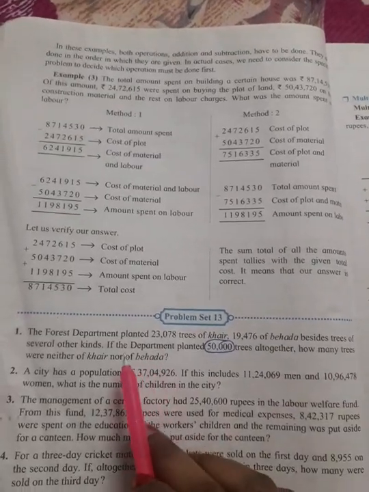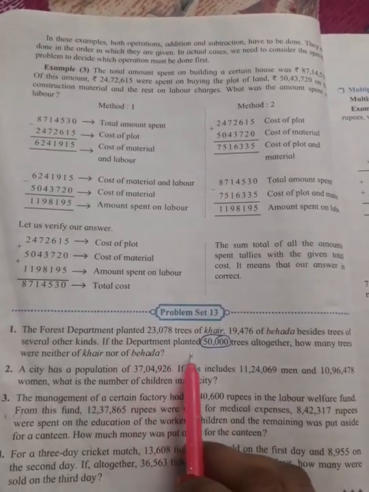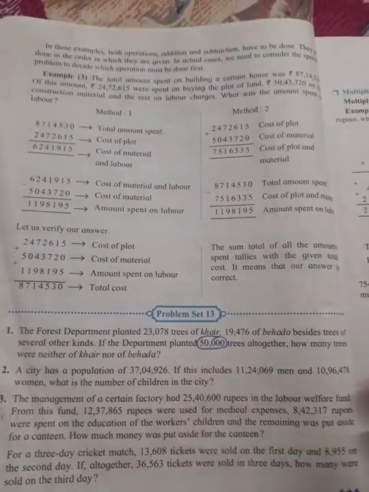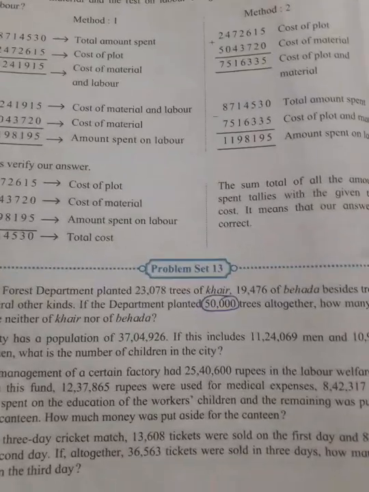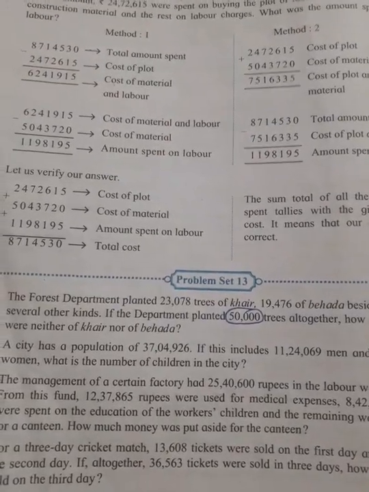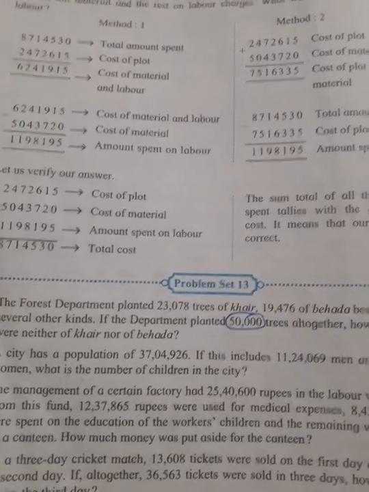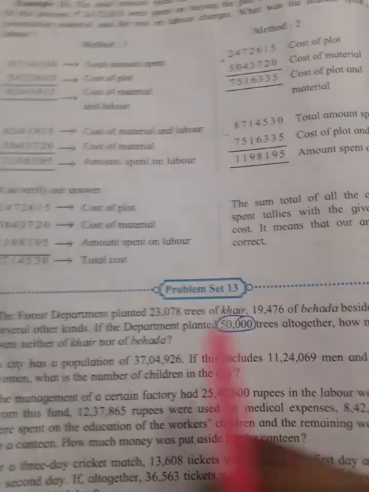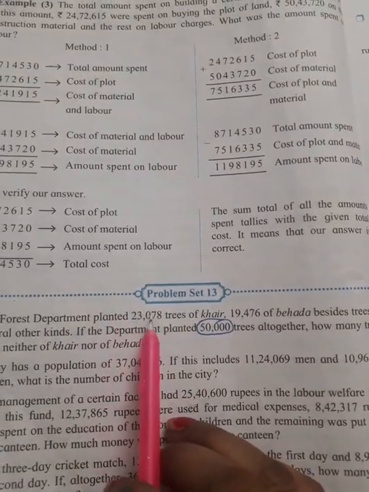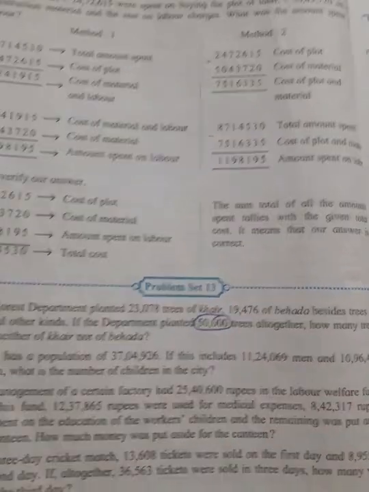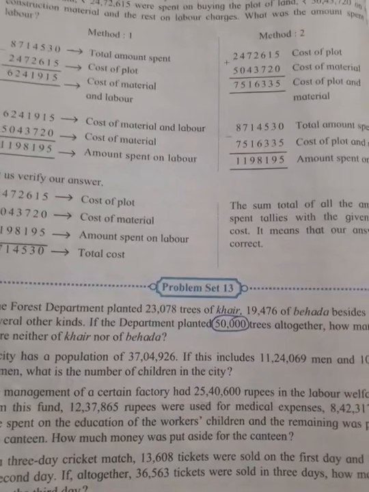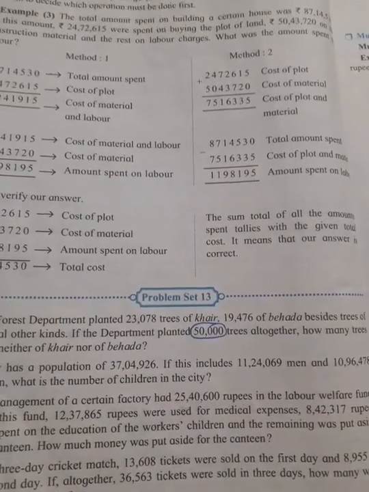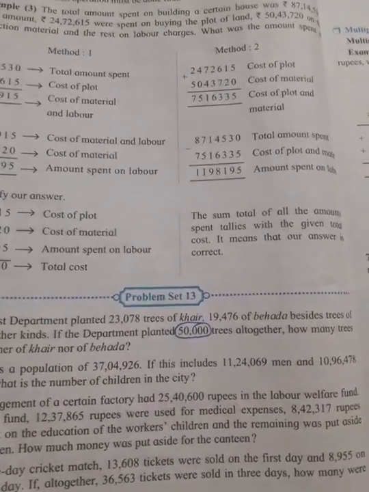Okay, so if the department planted 50,000 trees together, means how many total trees they have planted? They have planted 50,000 trees together. In that, near about 23,000 trees of Kher and near about 19,000 trees of Bihara.